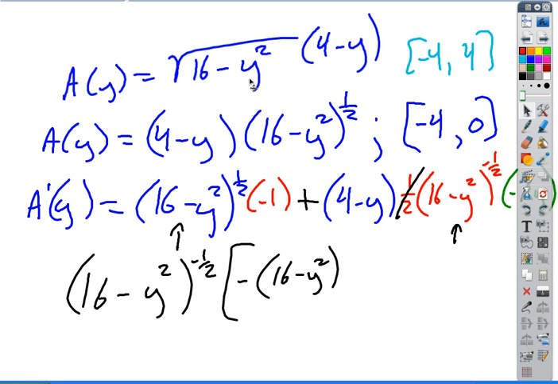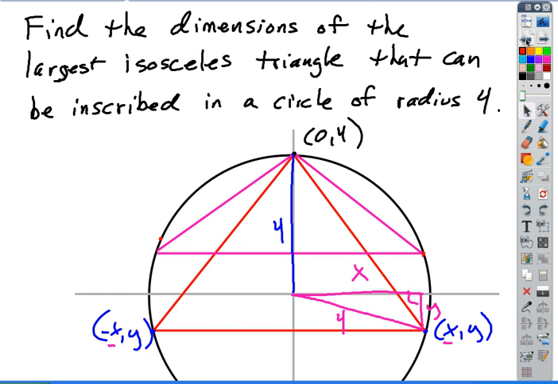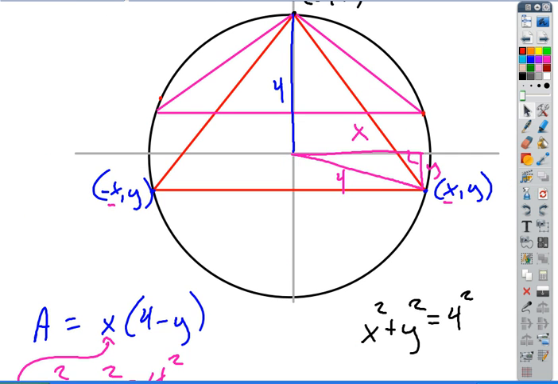But then we have to consider that it's not strictly a mathematical problem. It's a geometric problem. And so what would the values of y be for us? Well, we would never consider a negative value for y, right? Because the way we've set this up in our picture, our y is just the part that we're subtracting from 4, right? We're never going to subtract a positive value for y, are we?